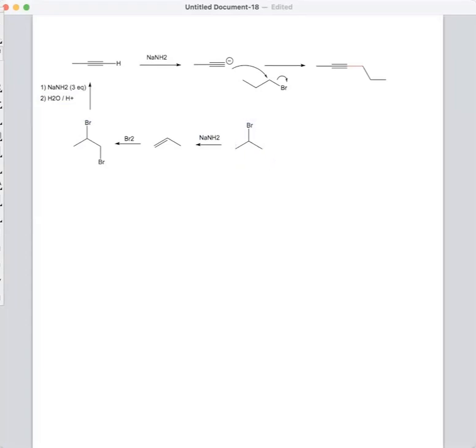Okay, and how do we make a bromoalkane? Radical substitution reaction, right? So just bromine and light. This is a little bit of synthesis practicing. Br2 and light.